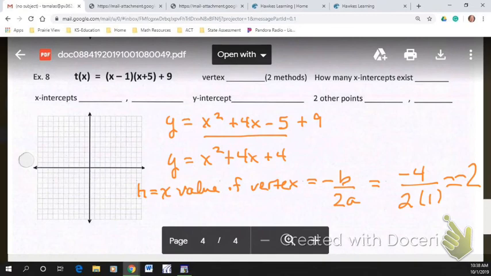So what does that -2 stand for? What did I just find? It's the x value of the vertex, my h, so that's -2 or +2? Okay. Well, how am I going to find the y value of the vertex? Plug it back in.